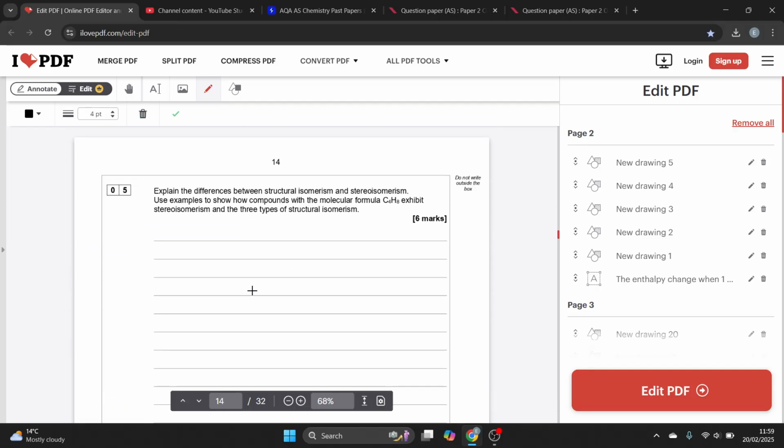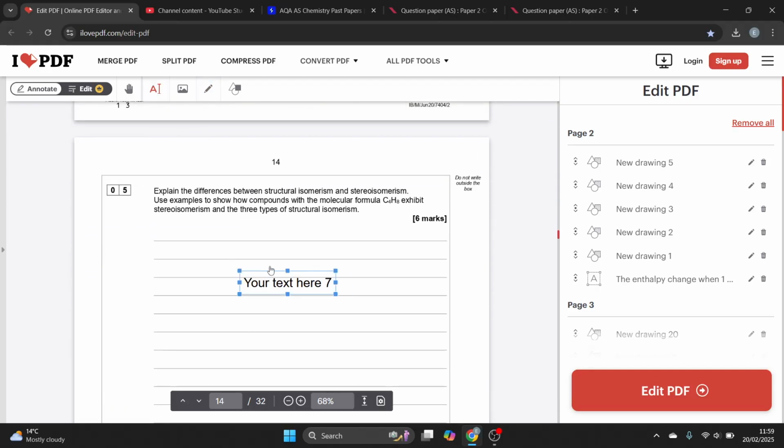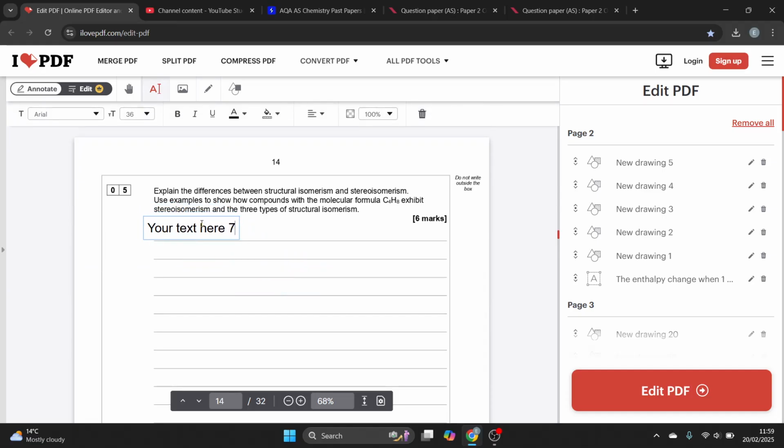Perfect. Explain the differences between structural isomerism and stereoisomerism. Use examples, show the compounds' molecular formulas that exhibit stereoisomerism and the three types of structural isomerism. So stage 1: the difference between structural isomerism and stereoisomerism.